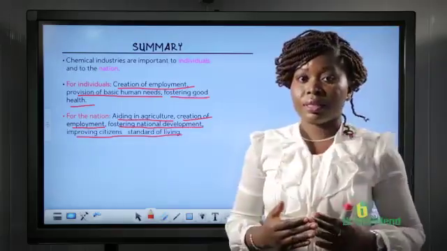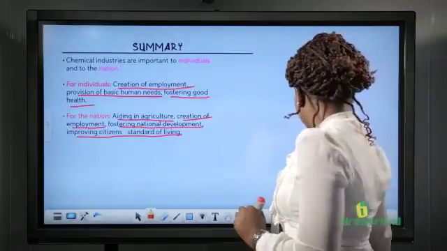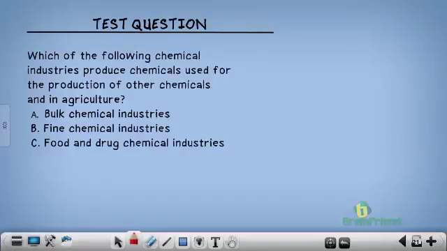Let us take a quick test to see how much you can remember from our class today. Which of the following chemical industries produce chemicals used for the production of other chemicals and in agriculture? A. Bulk chemical industries. B. Fine chemical industries.